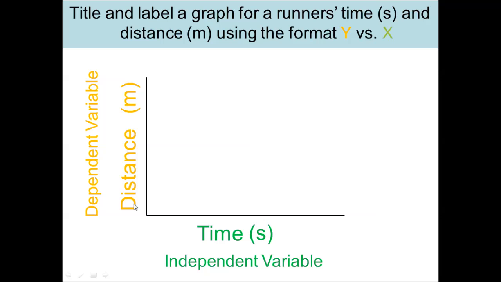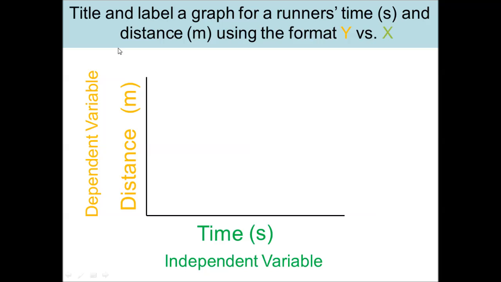Just like over here, we can't just say distance, we need to say distance in meters. If we just say distance, it could be miles, it could be yards. We don't know. Same thing with time. Time, we have to put units of seconds because that's what we measured it in. I can't just put time because otherwise, is it time in minutes or hours or days or months or years? Like, it's important.